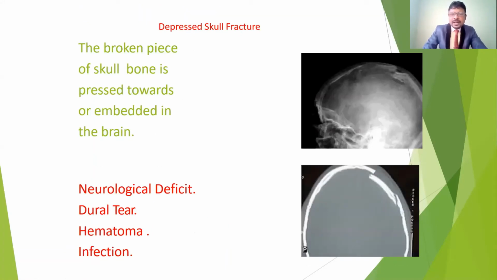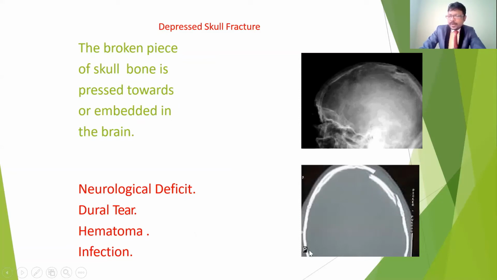Next is the depressed skull fracture. If force is applied at one particular side, the bone goes away from the continuity of the skull bone. The broken piece of the skull bone is pressed towards, or embedded in, the brain.